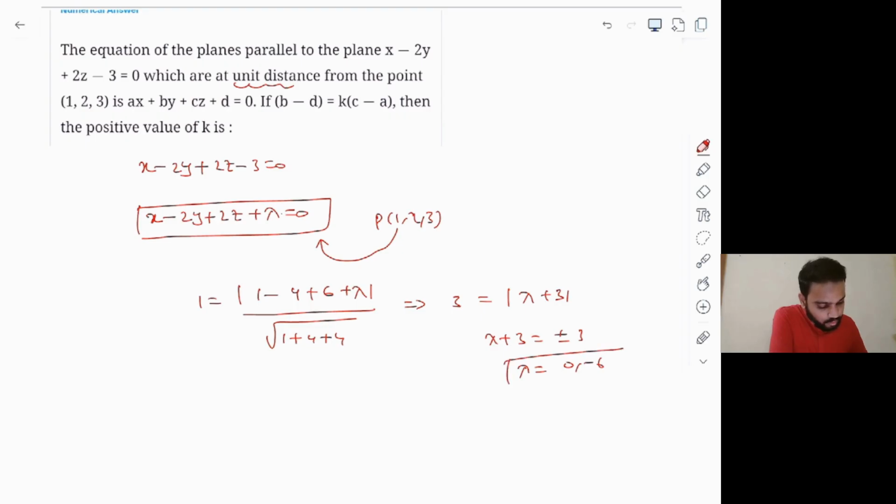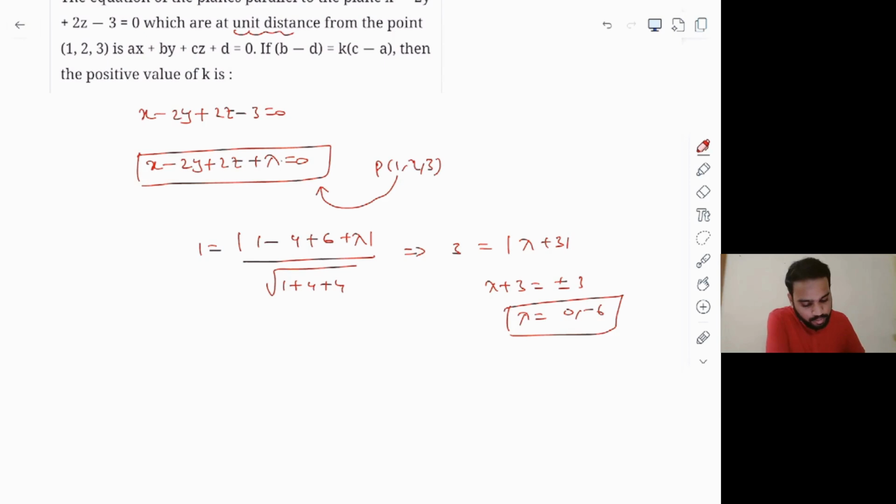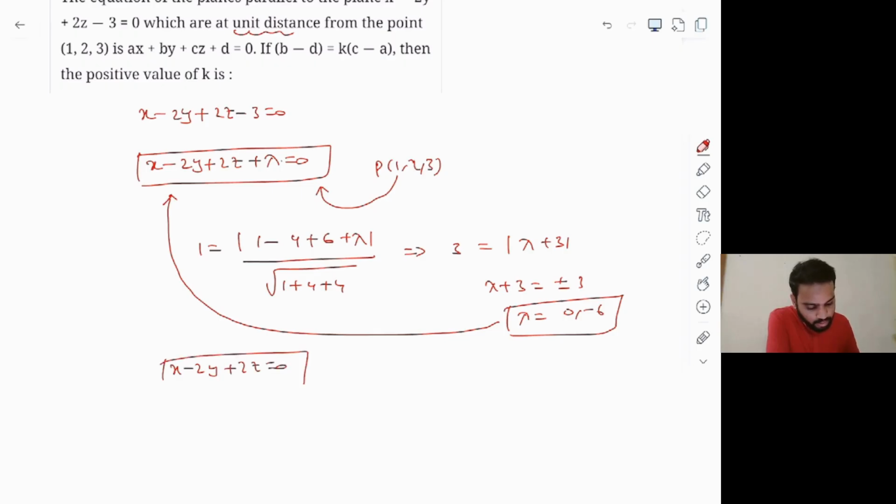Once we get the two possibilities of the plane, if I put lambda equal to 0 here, I get one possibility: x minus 2y plus 2z is equal to 0. Similarly, if I put lambda equal to minus 6, I'll get one more plane: x minus 2y plus 2z minus 6 is equal to 0.